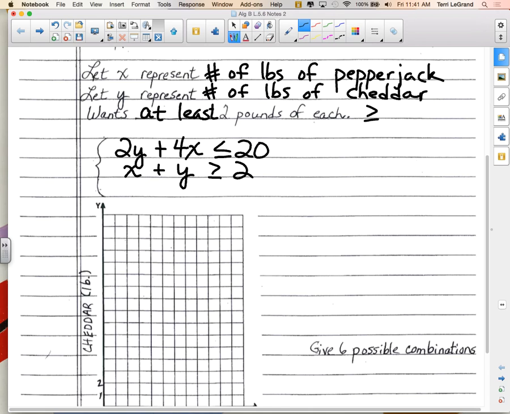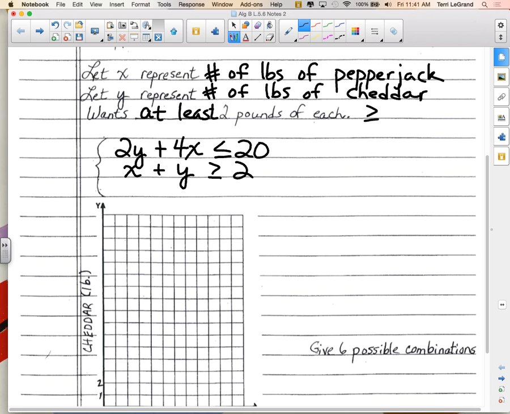I don't think that would work. Or, if you want 3 pounds of pepper jack and no cheddar, do you want us to put an equation like 3x is greater than or equal to 2?